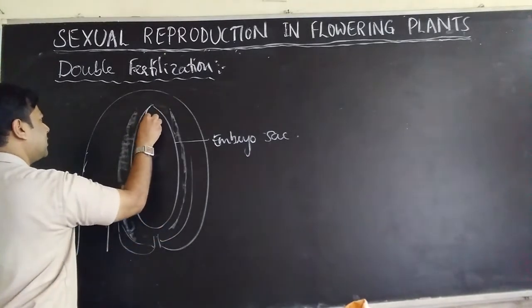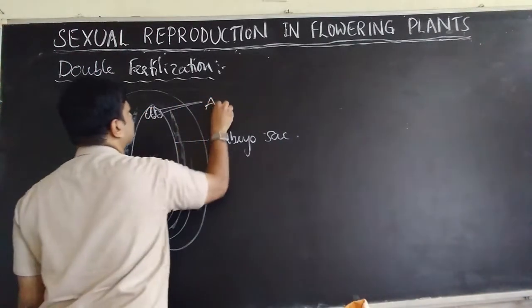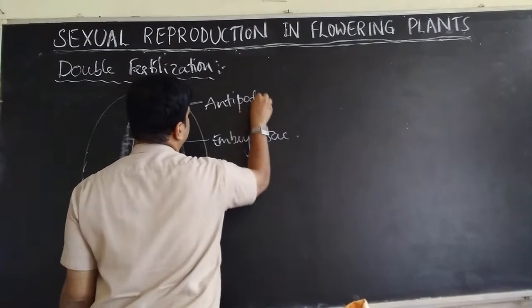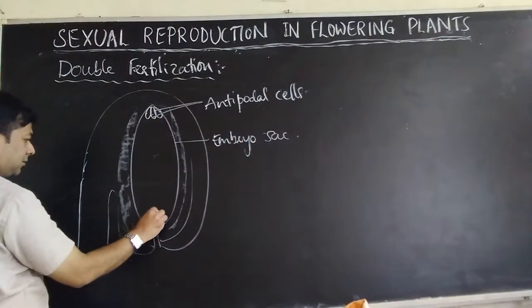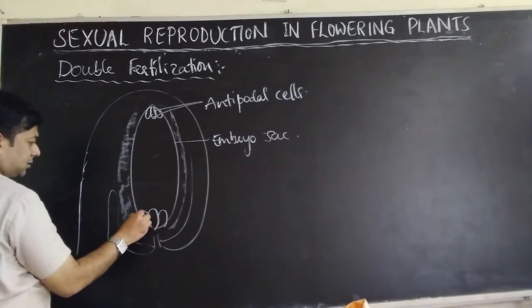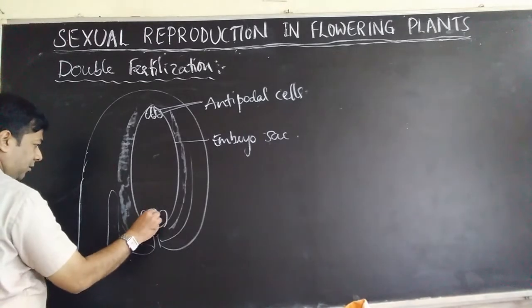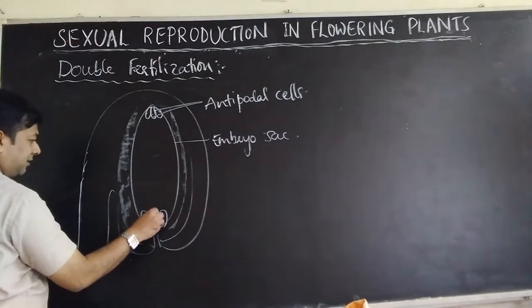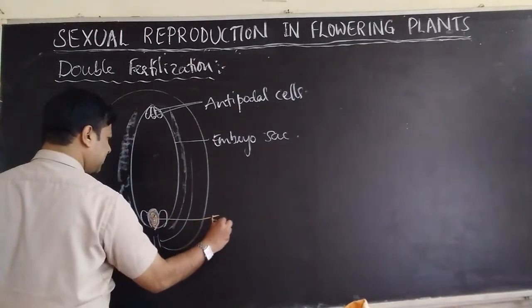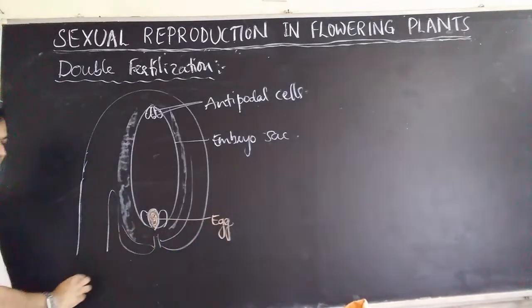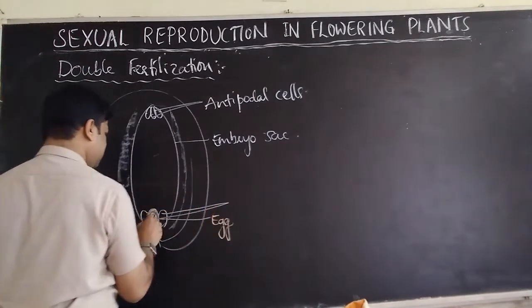Then here there are 3 antipodal cells. Then egg will be there and 2 cells surrounding the egg, that is called synergids. I can show the egg in orange color here just to make you identify which is the egg. This one is the egg, which is present in the center, and these 2 are synergids.